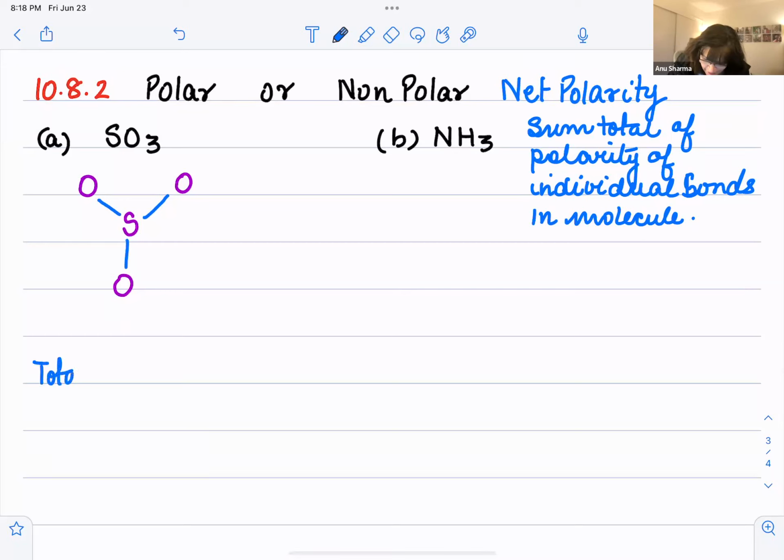Total valence electrons: 1 sulfur and 3 oxygens. Sulfur brings 6 electrons, and each oxygen brings 6 electrons. So 6 threes are 18, plus 6, for a total of 24 electrons.